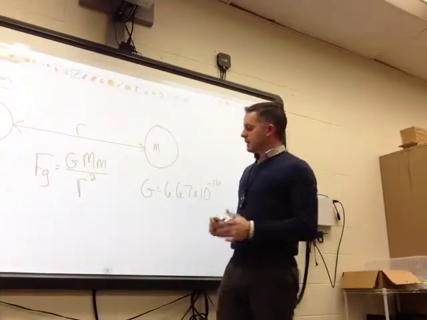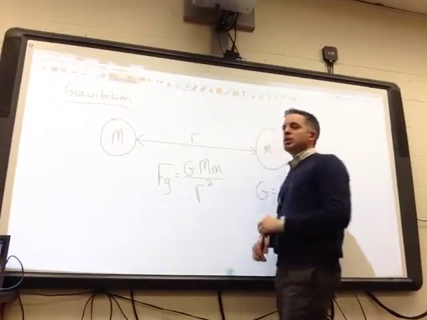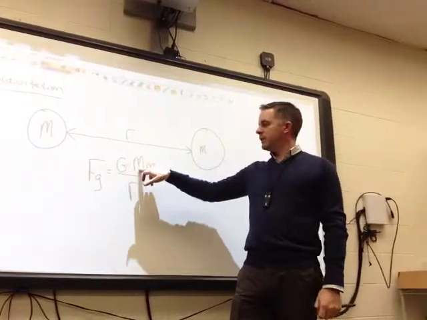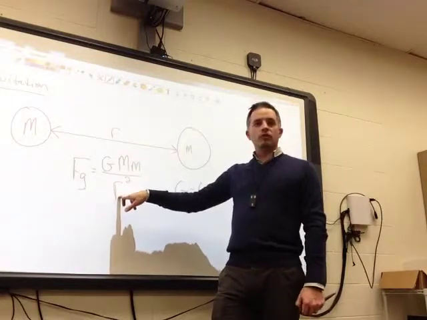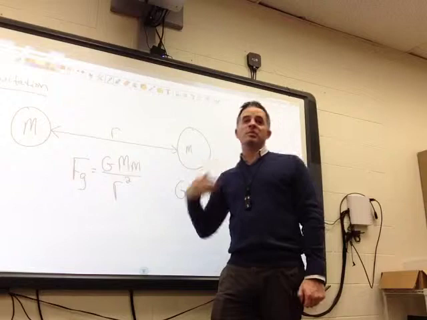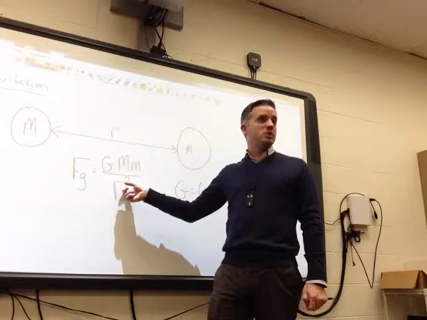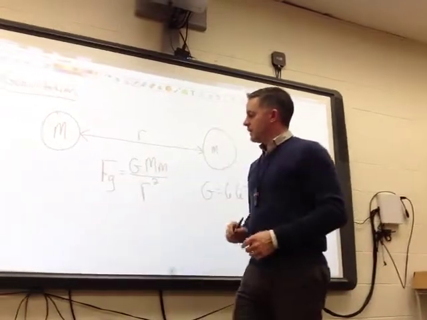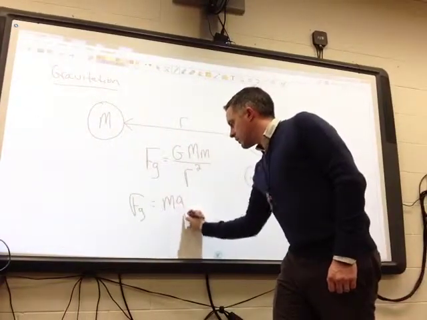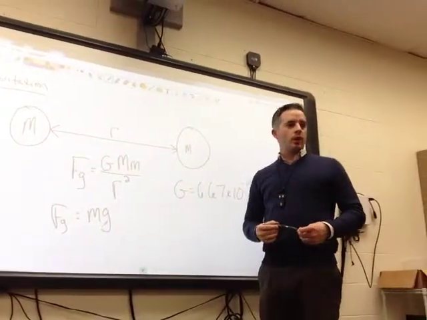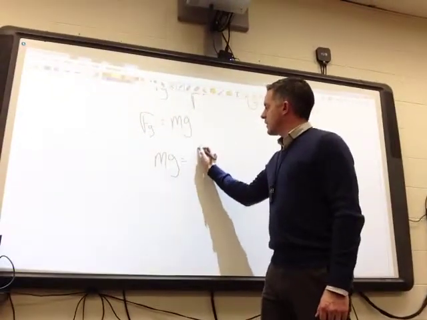Now, a pretty cool relationship: if you plug in 6.67 times 10 to the negative 11, the mass of the Earth, which you can look up in your book, your mass, and the radius of the Earth, the distance from you to the center of the Earth, you would come out with 9.8 meters per second squared. Which is pretty cool. This is the force of gravity, but we also know that the force of gravity, known as our weight, is equal to mass times gravity, correct? If we're talking about the same force, we can set them equal to each other.